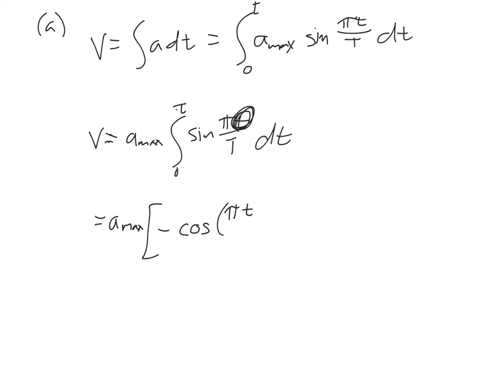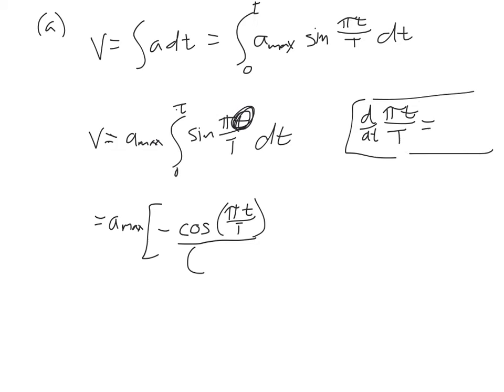I'm going to have the same inside, but I have to make sure I divide it by the derivative of pi t over T, which is just pi over T. So I have to divide it by basically what's inside without the t. And that's going to go from 0 to t.